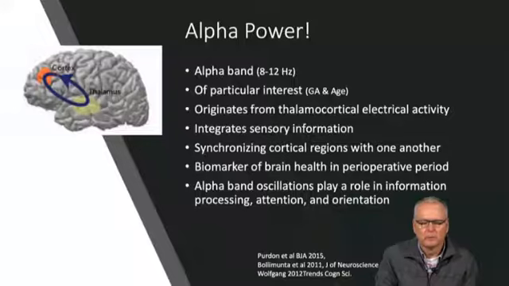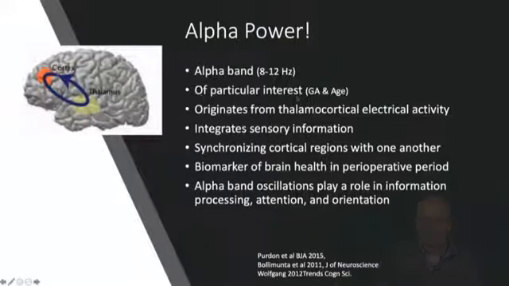Oh, let me go back. It is of particular interest. It seems to change with general anesthesia and age. It is thalamocortical electrical activity. The thalamus is thought to integrate sensory information, synchronizing cortical regions with one another.